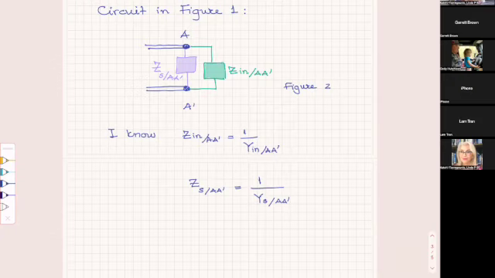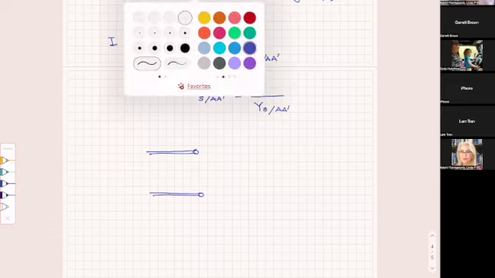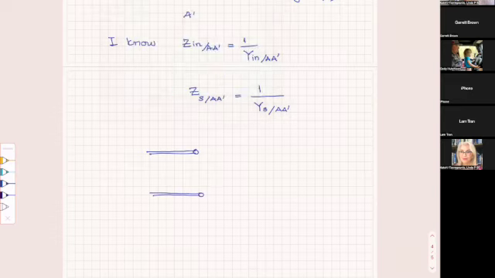So in this case, I have this one, the admittance of the section of the line that terminates at R sub L. That's admittance.